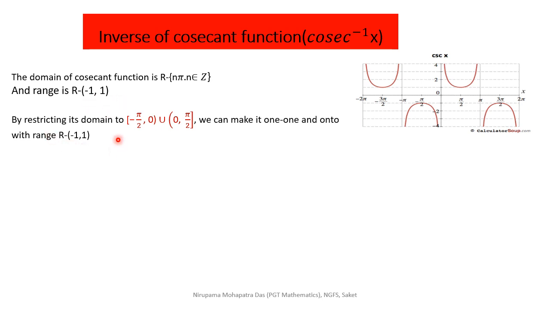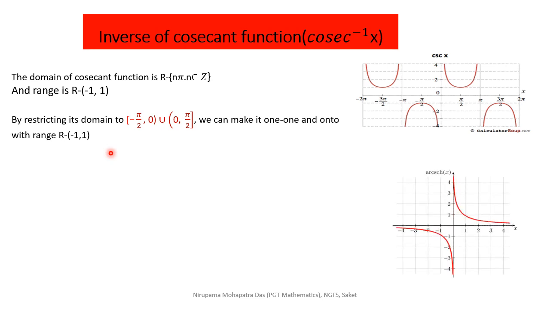So again, by restricting the domain to this, minus pi by 2 to 0 and 0 to pi by 2, semi open semi closed, or you can write the closed interval minus pi by 2 to pi by 2 minus 0, we can make it one-one and onto, and the range will be the same, R minus the open interval minus 1, 1.